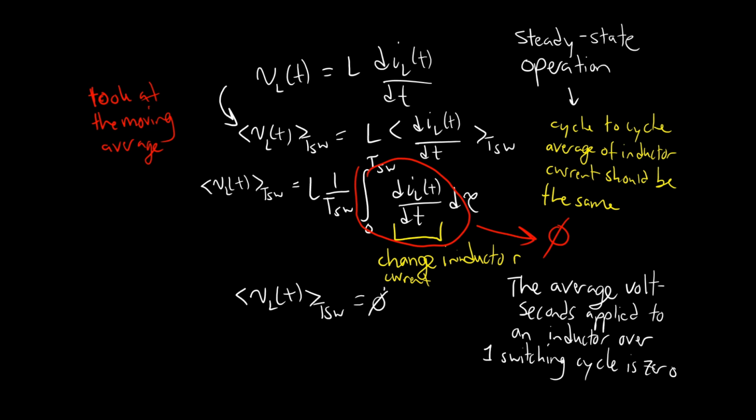So this is a really powerful tool. We can just look at the voltages applied to an inductor and know somehow they equate to 0. When you sum them up, whatever is applied to an inductor is 0.